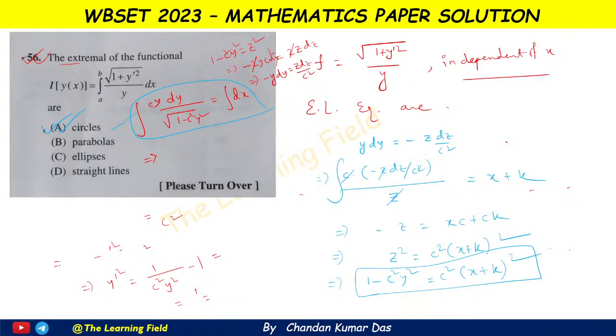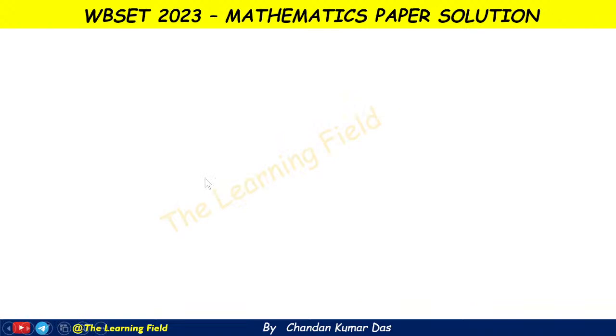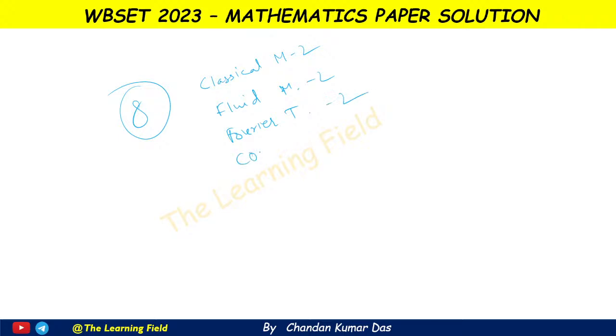So these are the questions for today's session. In this session we take 8 questions of classical mechanics, 2 questions of fluid mechanics, 2 questions of Fourier transform, and 2 questions of calculus of variation.